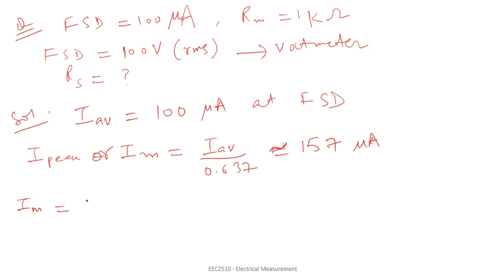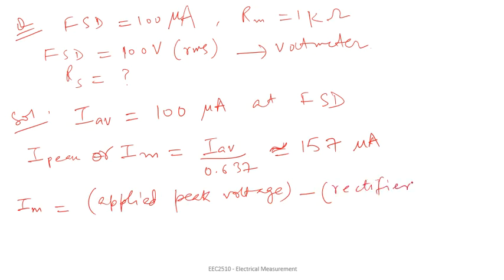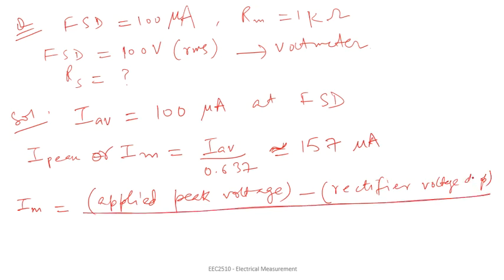So this maximum value will be nothing but the applied peak voltage minus the rectifier voltage drop. Okay, so since diodes are connected in the circuit, obviously there will be some drop in voltage due to these diodes, divided by total circuit resistance.